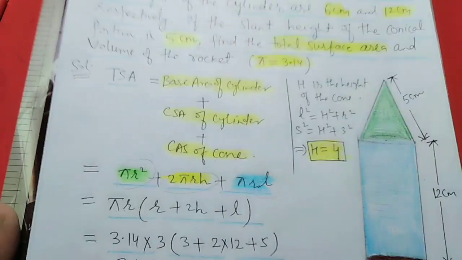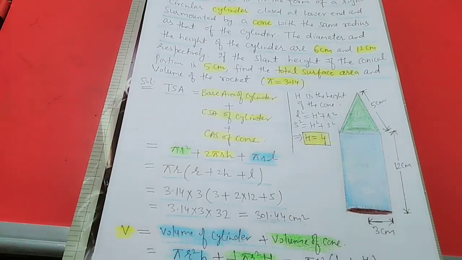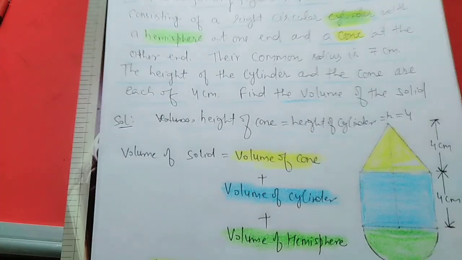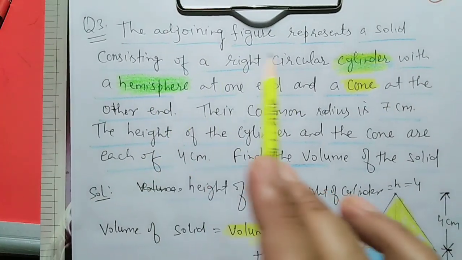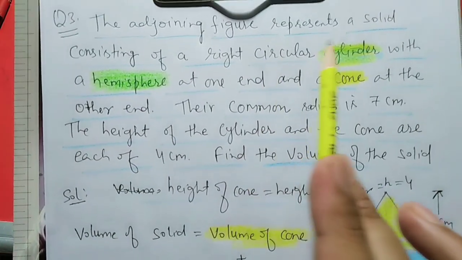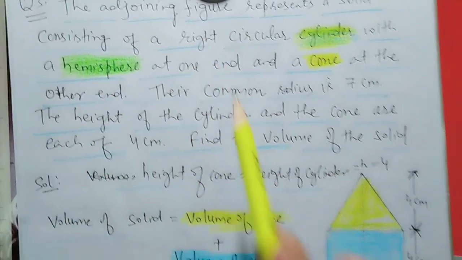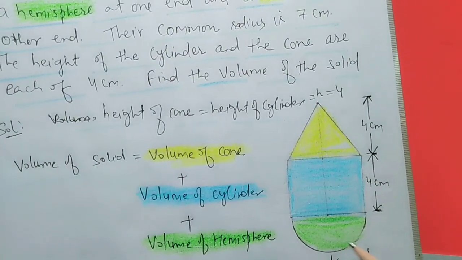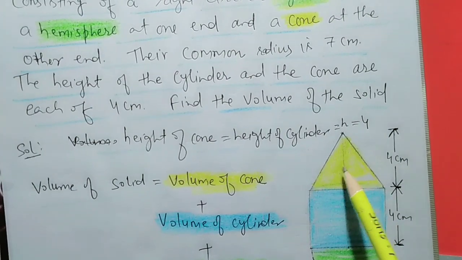Okay, so now come to question number 3. In this question, it is given that in the adjoining figure, which represents a solid consisting of a right circular cylinder, at one end a hemisphere and at the other end a cone.